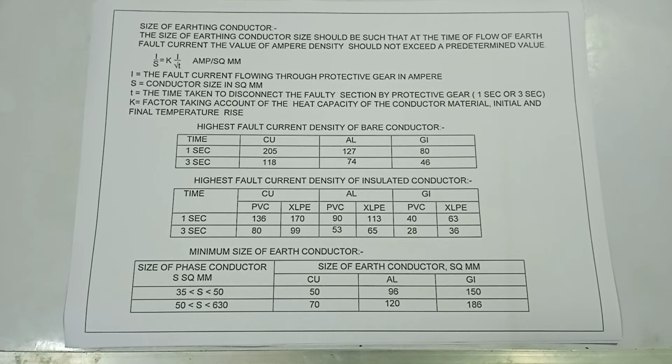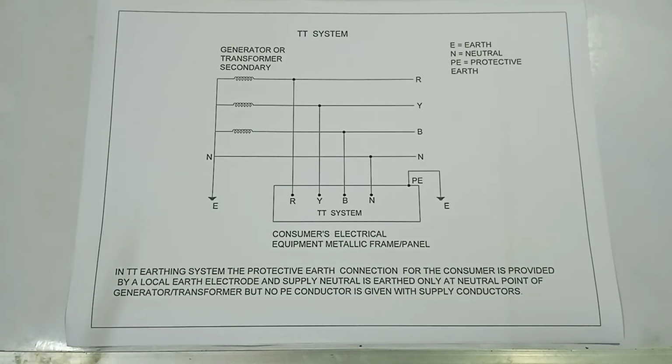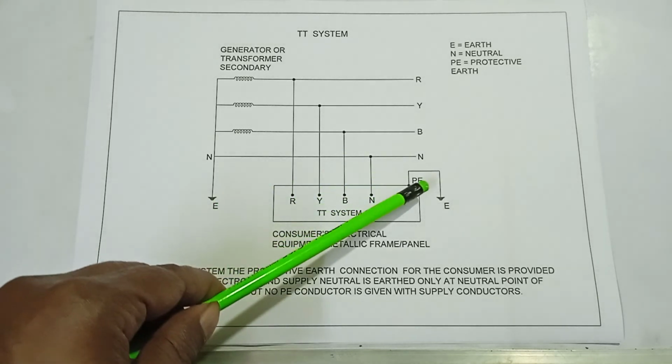Okay, next. Here it is discussed about the TT system. In the TT earthing system, the protective earth connection for the consumer is provided by a local earth electrode. This is the local earth electrode.